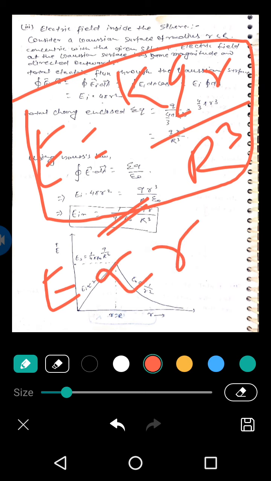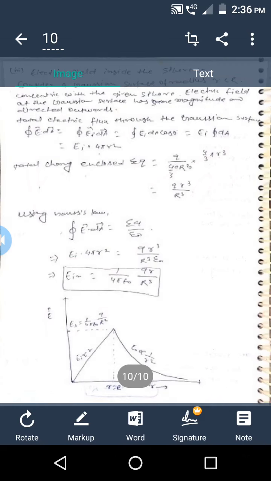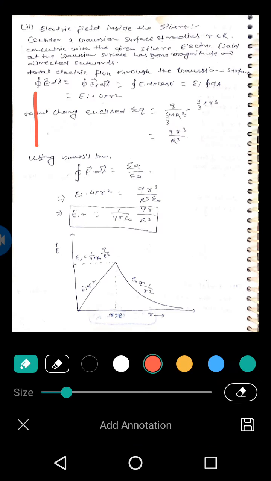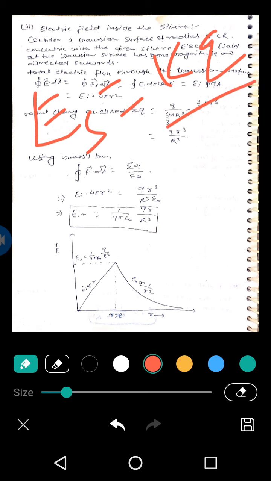That is, the graph is a straight line, y equals mx. At the surface the electric field is maximum, and it is kQ upon R square. That is the maximum value of the electric field.